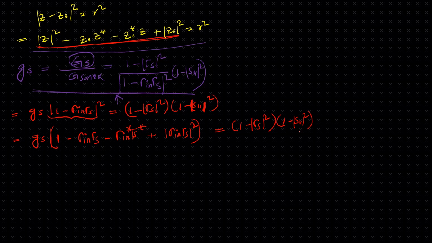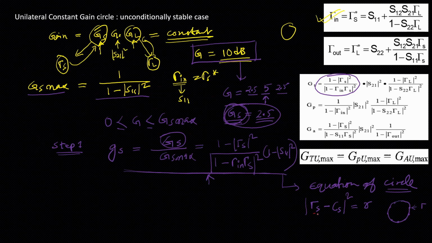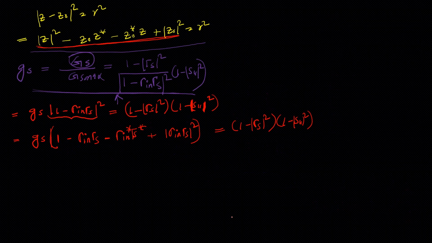Now we need an equation in the gamma S minus something form. That means gamma S should be on the left half of our equation. So let's try to bring all gamma S to one side.